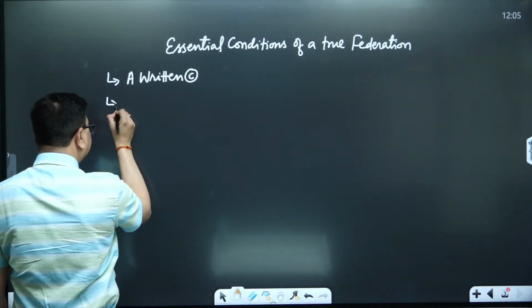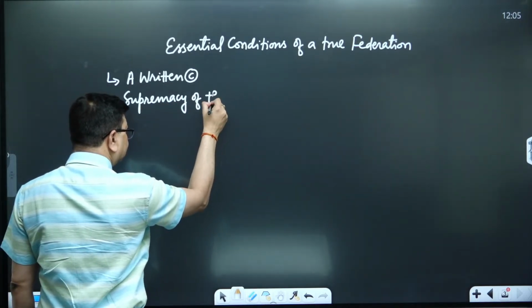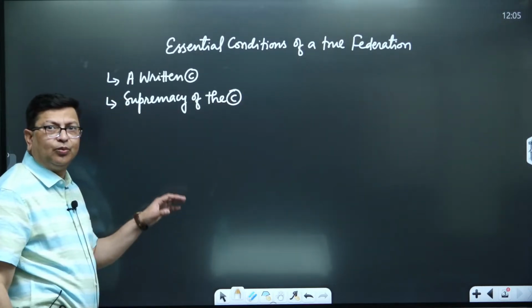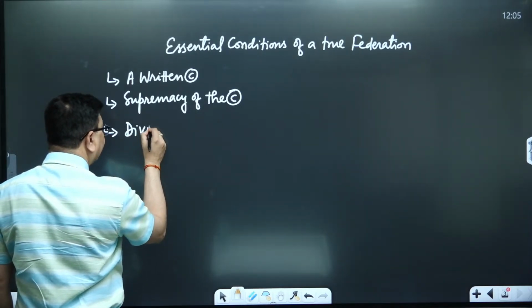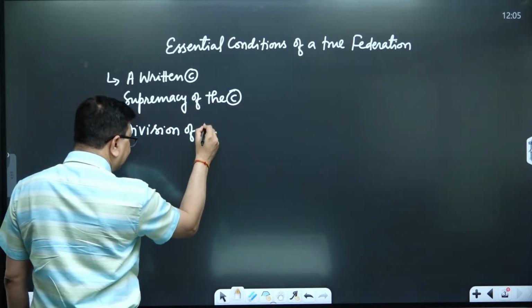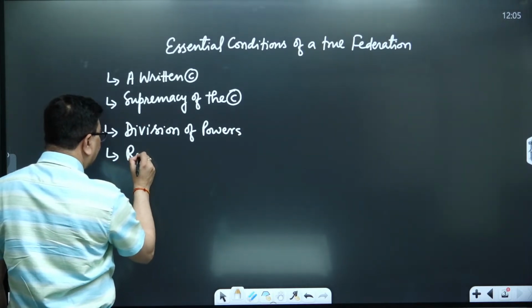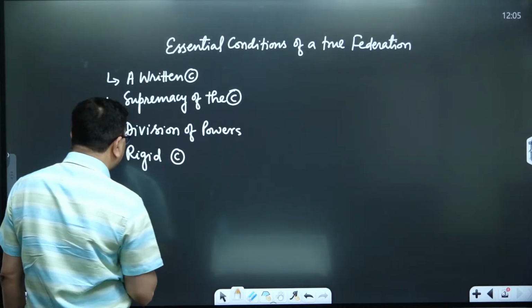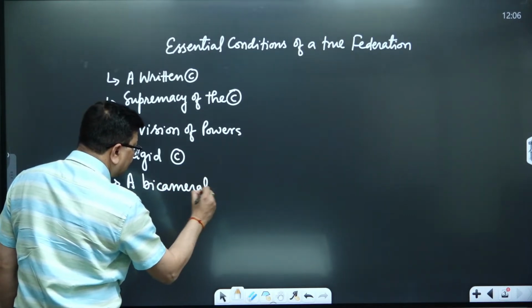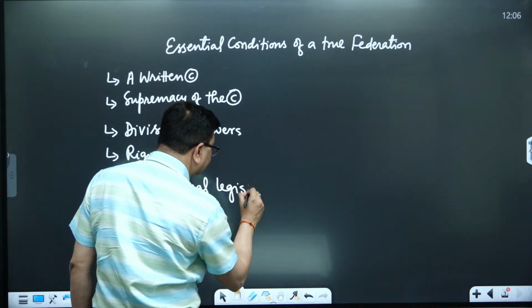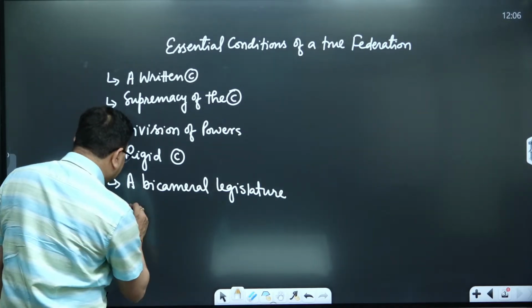A written constitution, there should be supremacy of the constitution, then division of powers, rigid constitution, a bicameral legislature, then an independent judiciary.